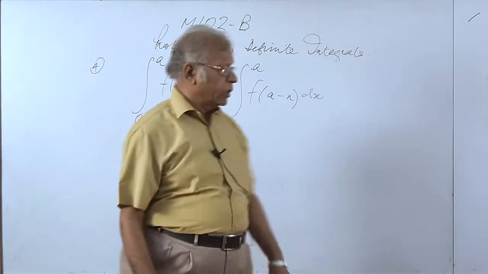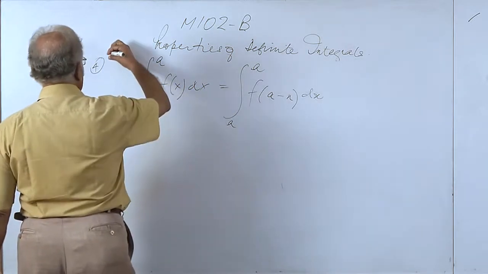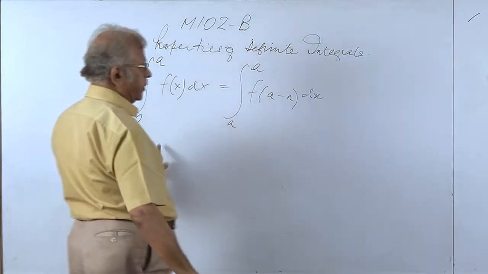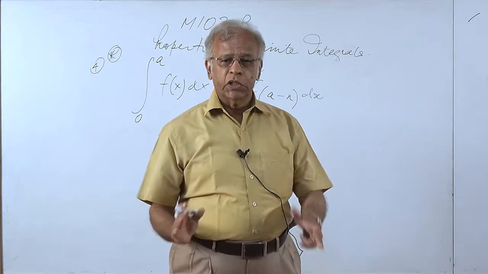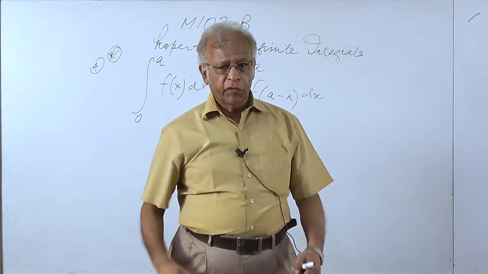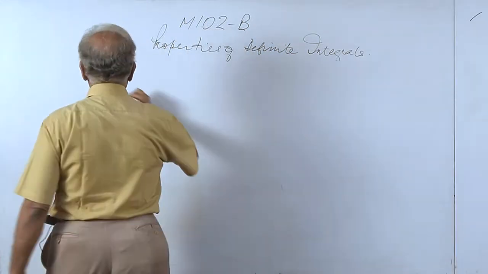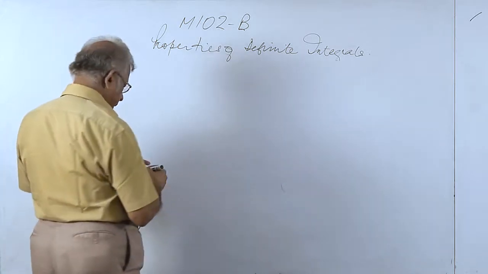This is a very unconditional property, and as I have said, this is probably one of the most frequently used properties to evaluate definite integrals which look seemingly difficult and weird. We will take an example of this a little later. The next one is where we can put a number 5 and write down the property.